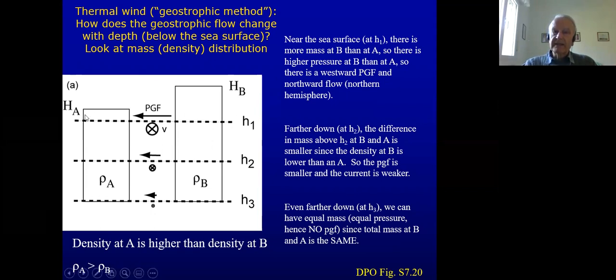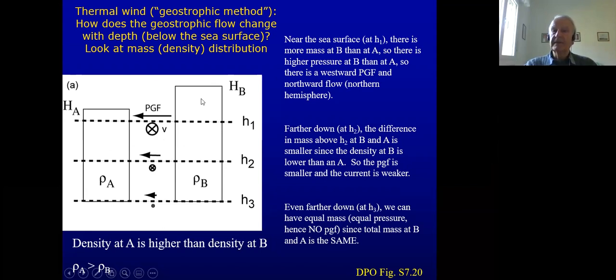There is a special case in this situation: let's assume that HA and HB are equal, and rho A and rho B are equal. In that case, the pressure gradient force would not change at all, because rho A and rho B being equal, they don't contribute to changes in the pressure gradient force.